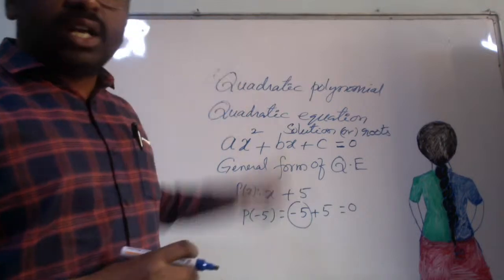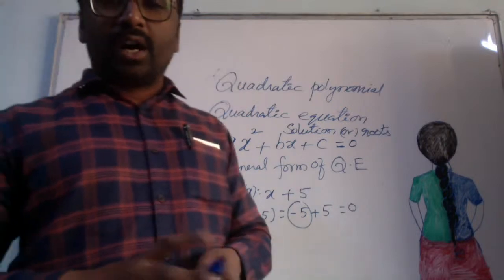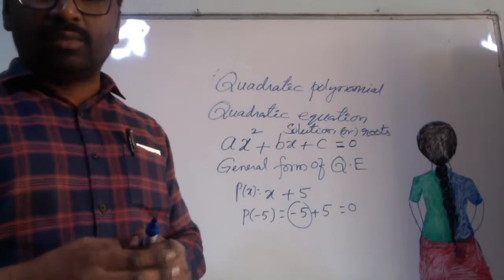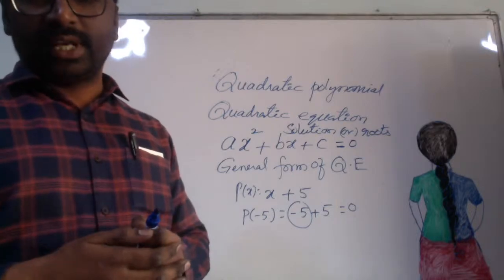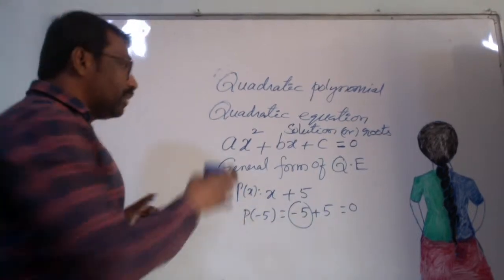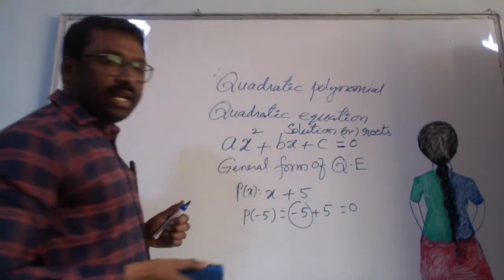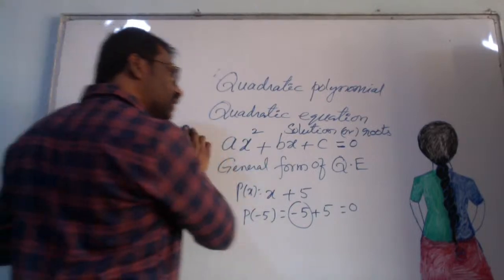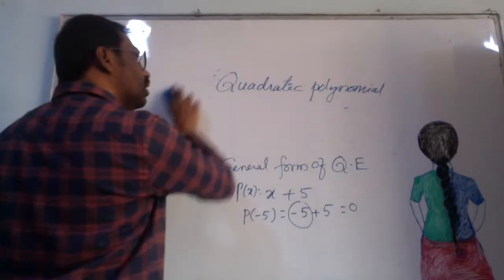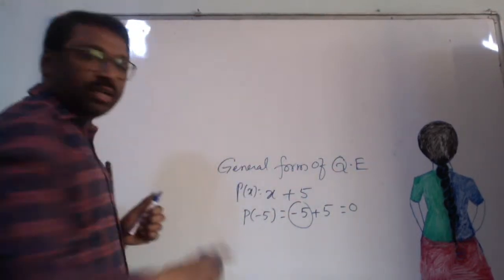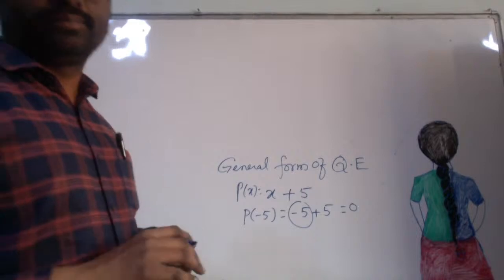So the quadratic equation has at most 2 zeros. At most means maximum. Okay. Why? Because it is a second degree equation. So the number of zeros of the polynomial depends on the degree of the polynomial.